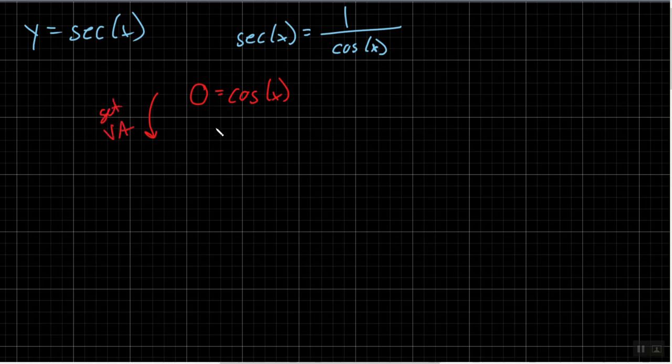Cosine is 0 at pi halves, 3 pi halves, and it keeps going on forever. Then we're also at negative pi halves, and it just keeps going on and on forever in that direction as well. So we have a break of about pi each time.